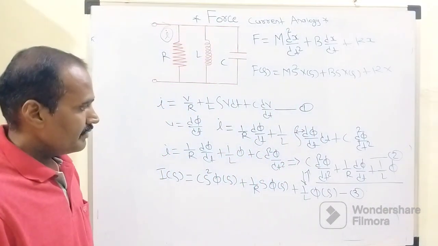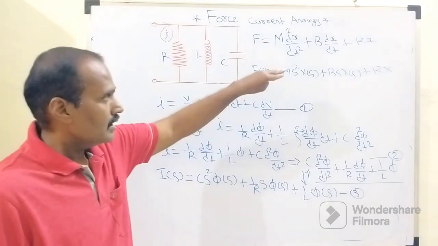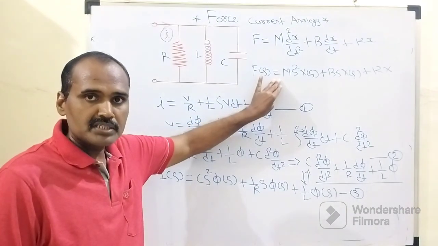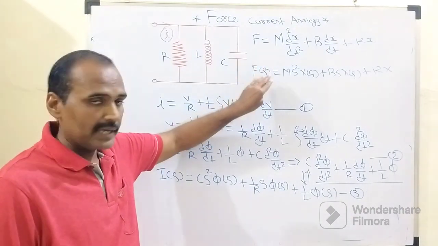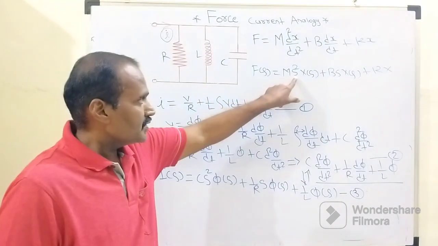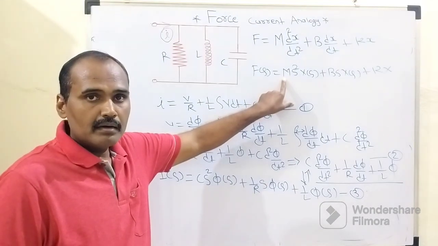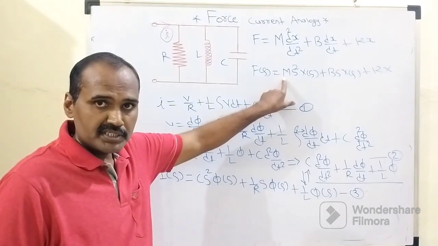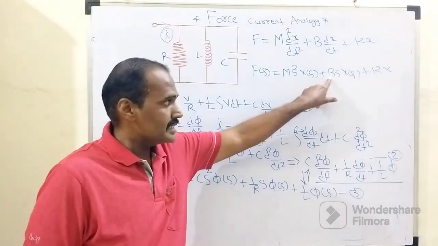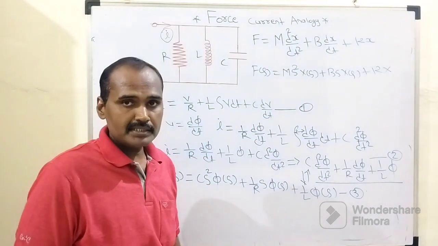When we compare this equation number 3 with the s domain equilibrium equation of that mechanical system, we will come to know the coefficient of s² is M. In the basic force equation of that mechanical system, the coefficient for s is b, and to k we don't have any Laplace variable.